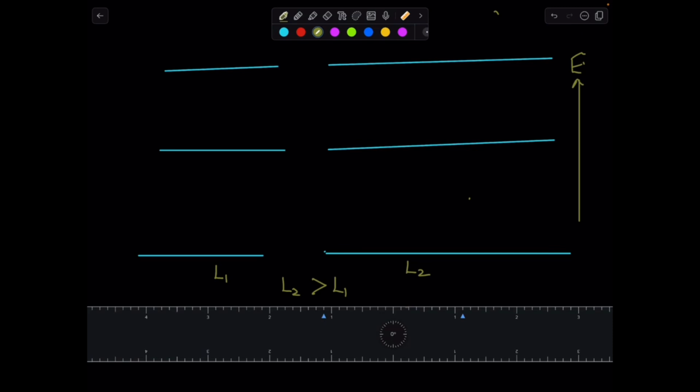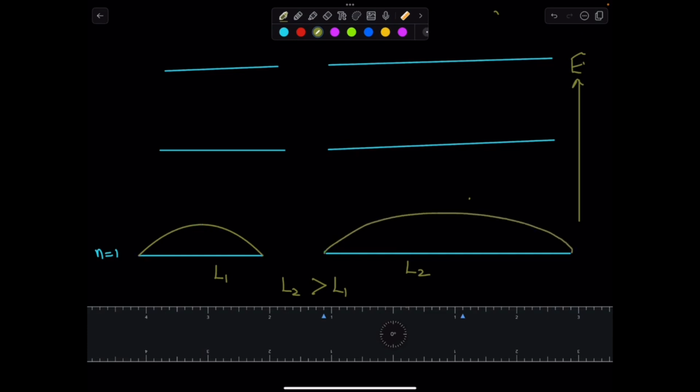Let's look at the waves in the energy levels. n is equal to 1 will have 0 nodes because the number of nodes is energy level minus 1. So n is equal to 1 will look like this for L1, and for L2 it will look like this.